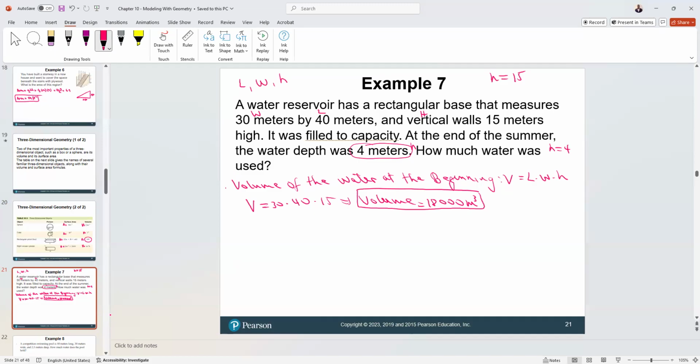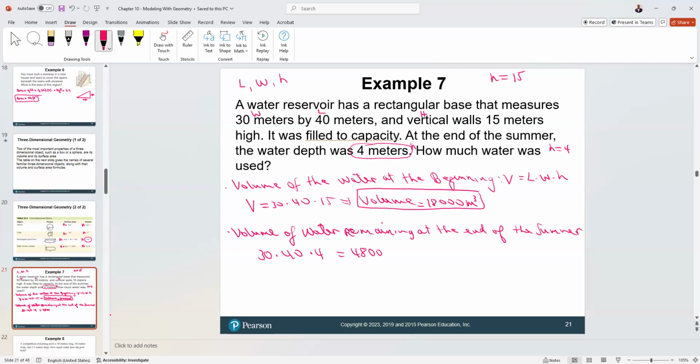That gives the volume of water remaining at the end of the summer. We keep the length and the width, but the height changes. They are all in meters, so 4,800 cubic meters left.